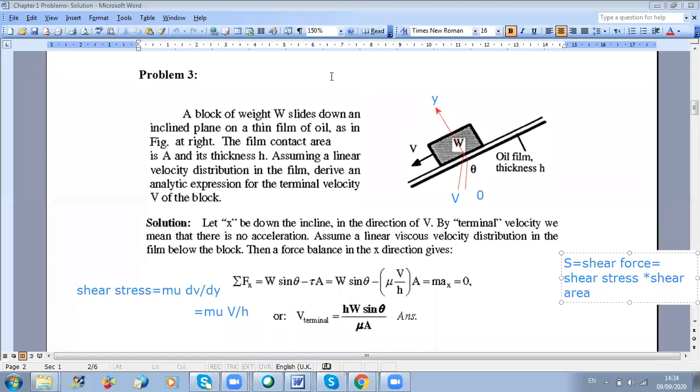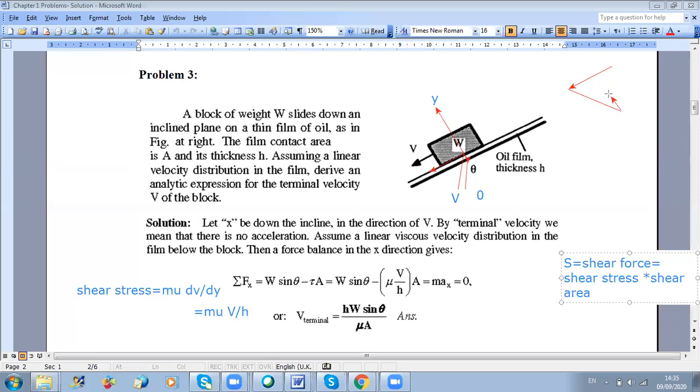Why is it varying along y? Because I will amplify it a little. The velocity was first 0, and then it is increasing until v. So here you have v, which corresponds to the velocity at the end of the film thickness, while at the beginning of the film thickness the velocity was 0.